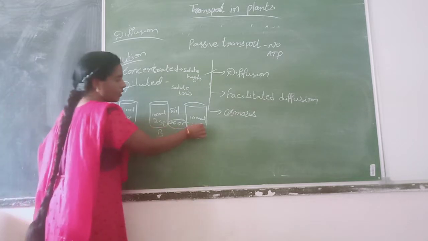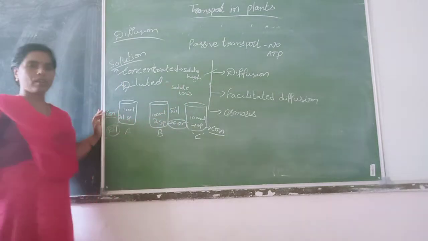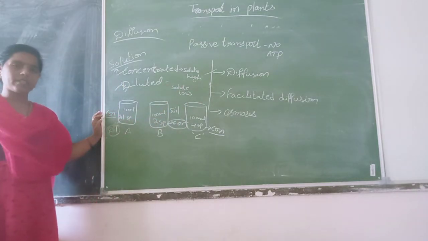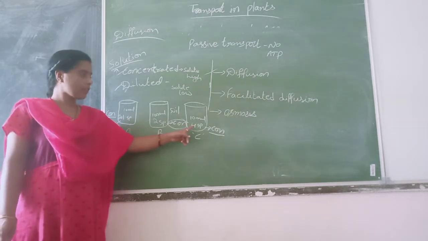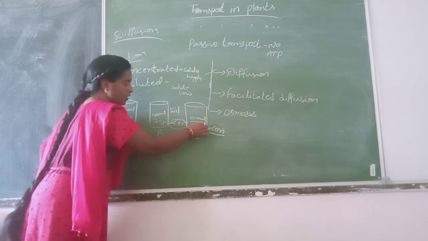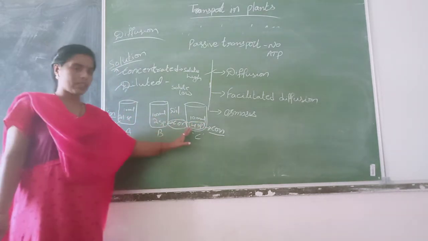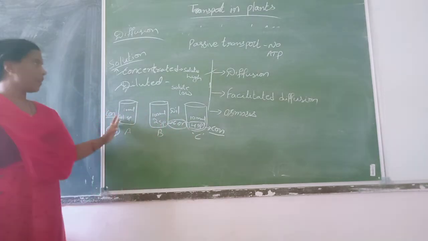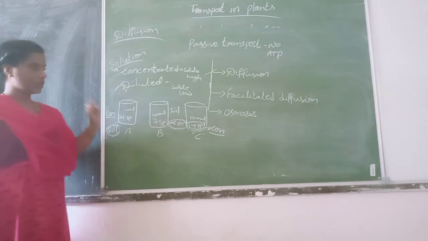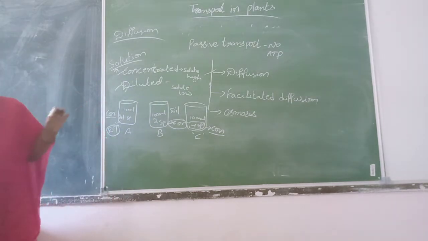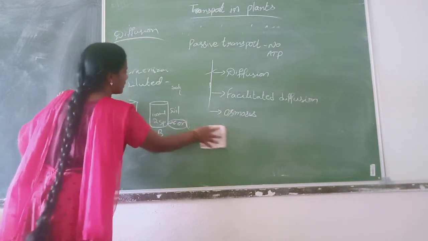Means, from these 3 samples, the third one, C, is the concentrated solution, because when compared with these 3 samples, you will find that the solute is more in the C sample. Like this way, we decide whether a solution is concentrated or diluted. Okay. Remember these concentrations: high concentration and low concentration.